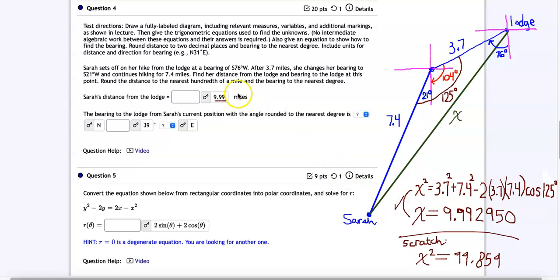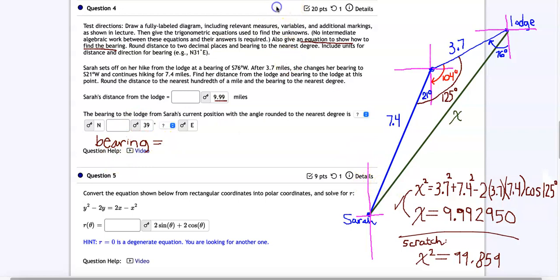Okay, so next we're going to figure out what bearing is, and in order to get bearing, we need to have a bearing equation. It says right here, give an equation to show how to find the bearing. So what is bearing equal to? Bearing is actually the sum of two angles, and that is these two angles here.